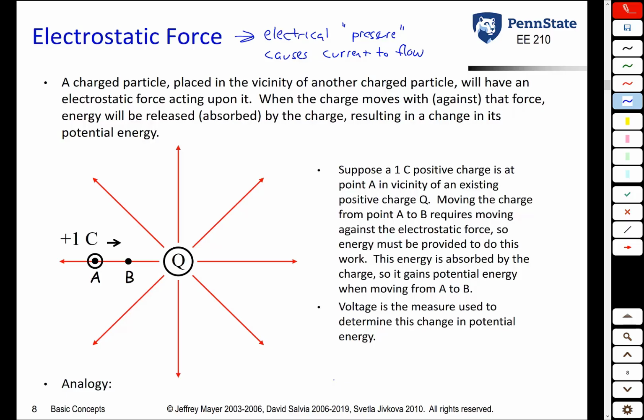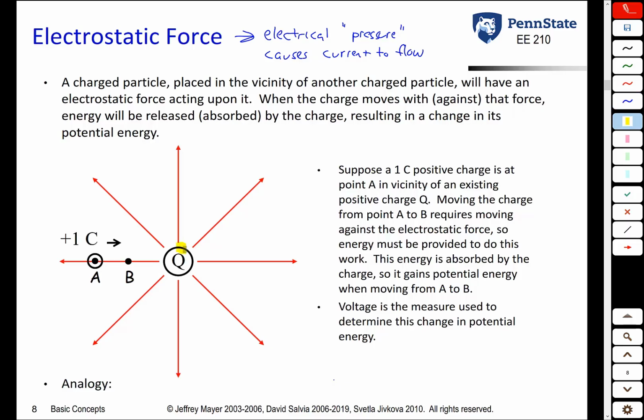When you move another charged particle in the vicinity of that, it is either going to be pushed away from the first particle or towards it, depending upon whether they have the same charge or opposite charges. And when you try to move a charged particle against the direction of the force, you have to put energy into the charged particle, and then when the charged particle moves in the direction of the force, it loses that energy. So let's look at an example here.